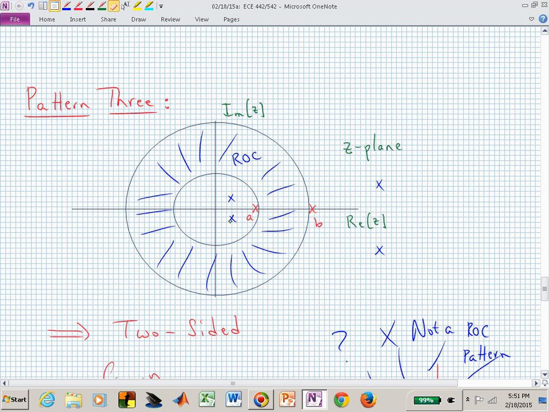But where can you not have poles? Relative to the region of convergence, you can't have them lying inside the region of convergence. You can't have poles there. That's not going to happen. Other questions on these patterns and why we really just have three?